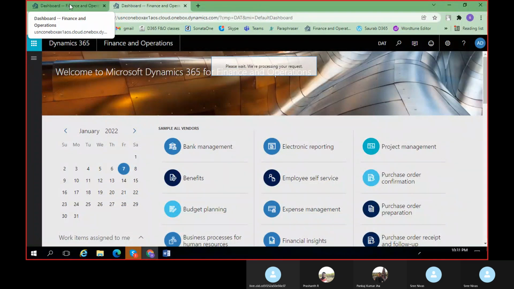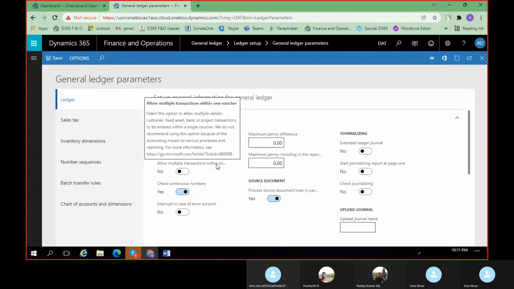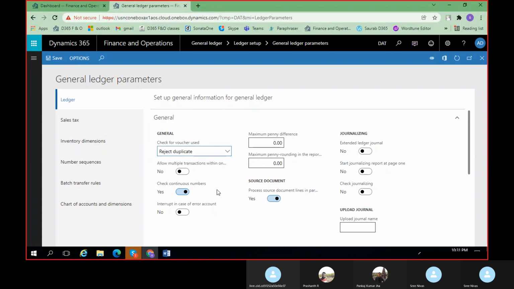See, this is where under the general ledger parameters, you will have to configure voucher related, any multiple transactions. All these topics we'll be discussing one by one under the general ledger parameters. Just remember how everything looks, because later once we start doing, you will have to connect all these topics.